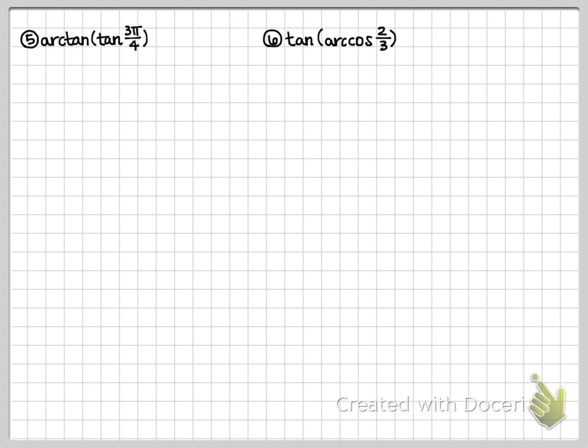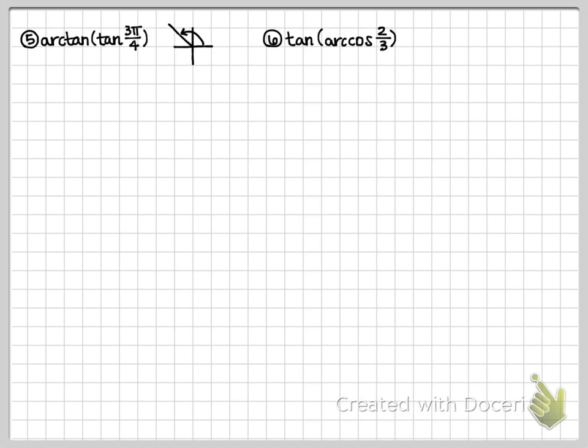Okay, number 5. All right, so let's stop and think. We've got arctan of tangent. Okay, so I've got inverse functions, 3 pi over 4. All right, so let's graph 3 pi over 4 off to the side. 3 pi over 4 is here, and it is this angle.